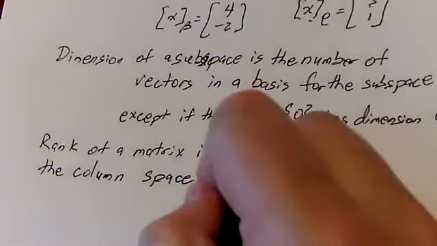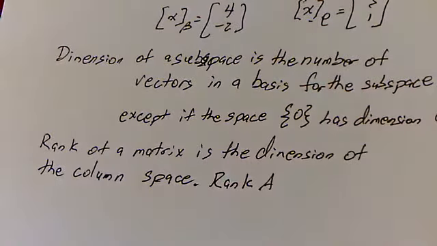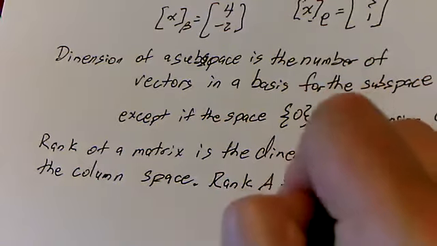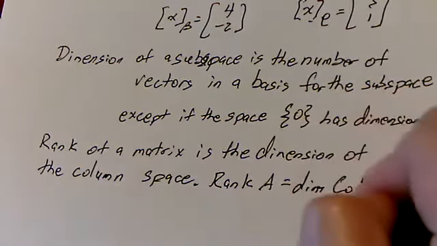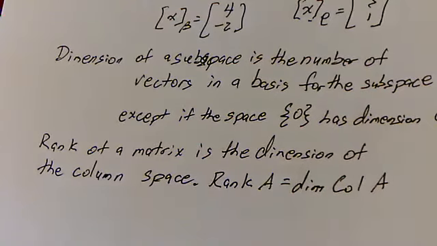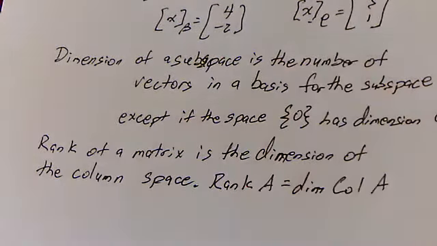Simply written, that's rank A, and we don't abbreviate rank at all. We just say rank A is equal to dim, the dimension of the column space of A.